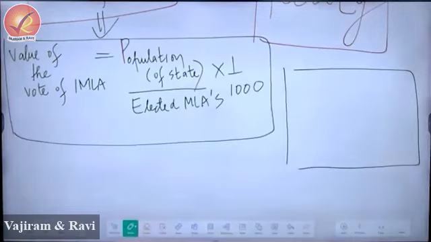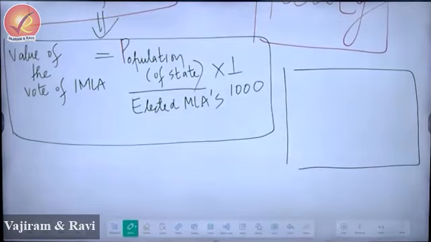Okay, parity, I'll explain. Did you understand this? Which state do you come from? If I compare Bihar versus Delhi, Bihar's MLA represents a different number of people as compared to Delhi's MLA. So what is the value of the vote of your MLA? Population of Bihar divided by the number of seats in the assembly, which is how many for Bihar?